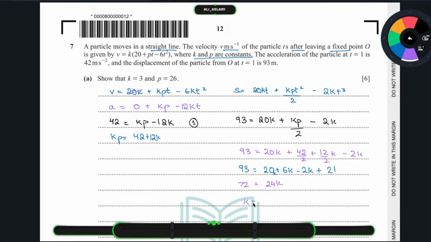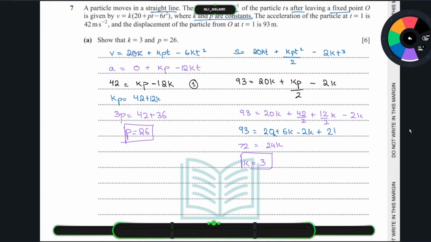So k is 3. That's proven. And 3p is equal to 12 times 3, that is 36, plus 42. My bad, k is substituted, 36 plus 42 divided by 3, and p is 26.